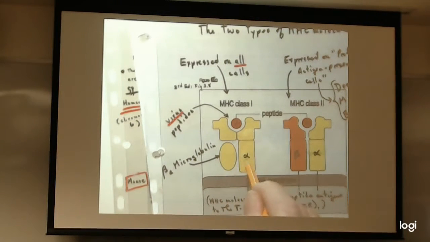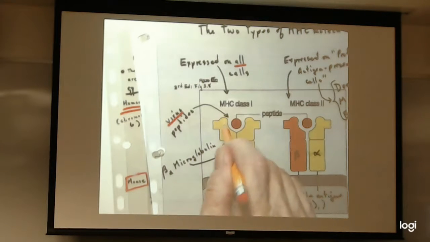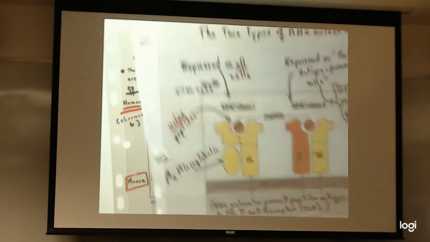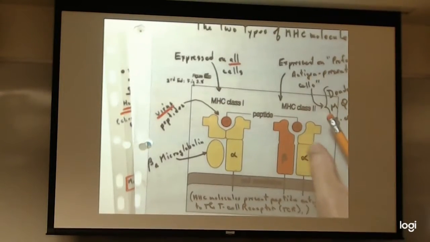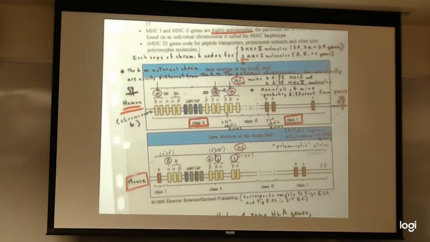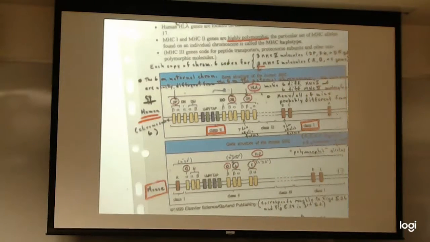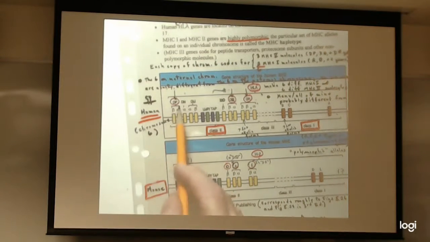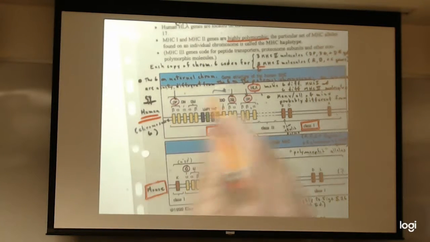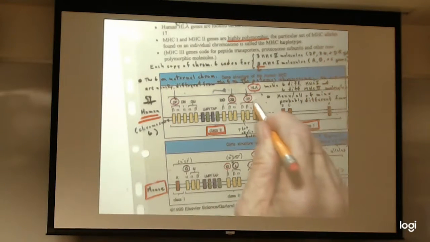This could be an A gene protein, or a B gene protein, or a C gene protein. Here we have two genes per class 2 protein, okay? And the three genes that code for class 2 proteins are called DP, DQ, and DR.